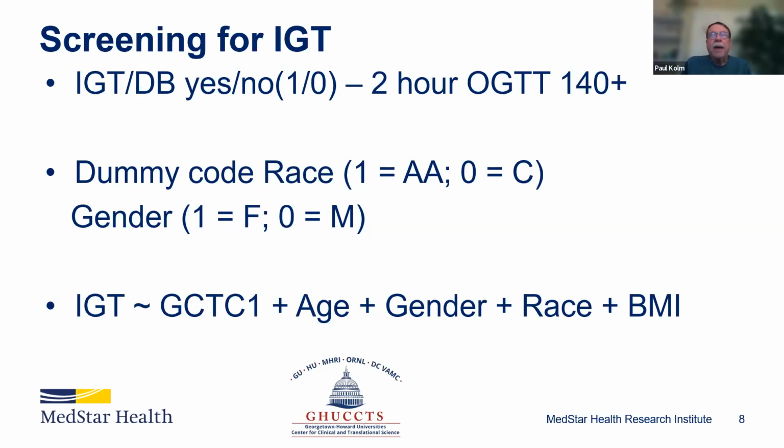Typically, or at least in the past, it was 140 or greater was an indication of diabetes. So that's going to be our outcome variable.